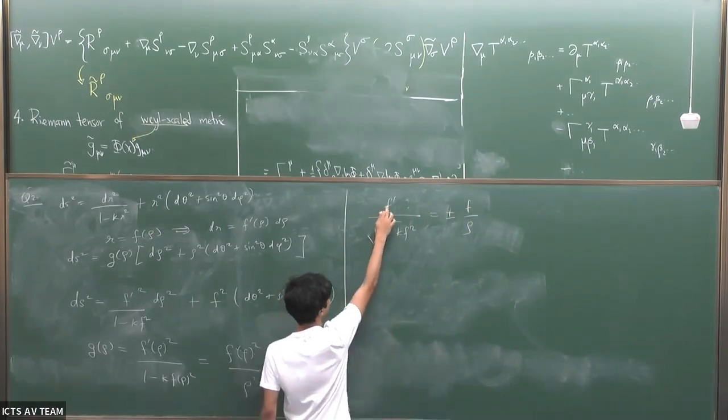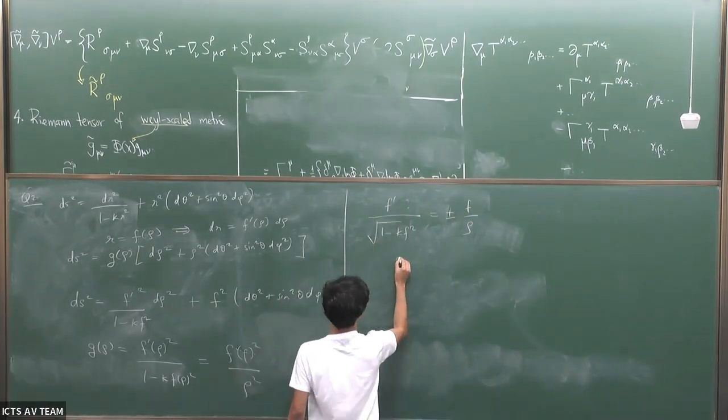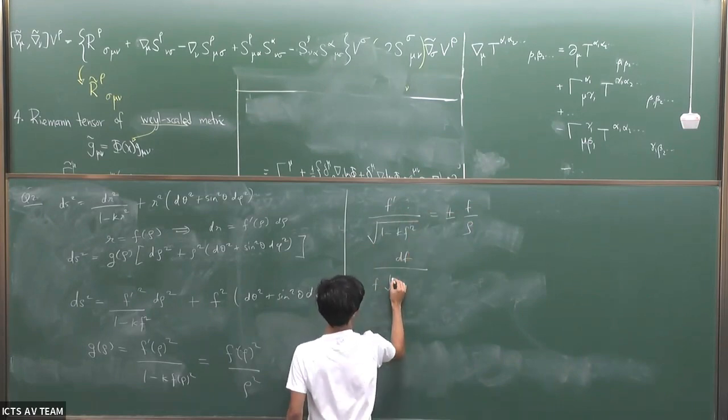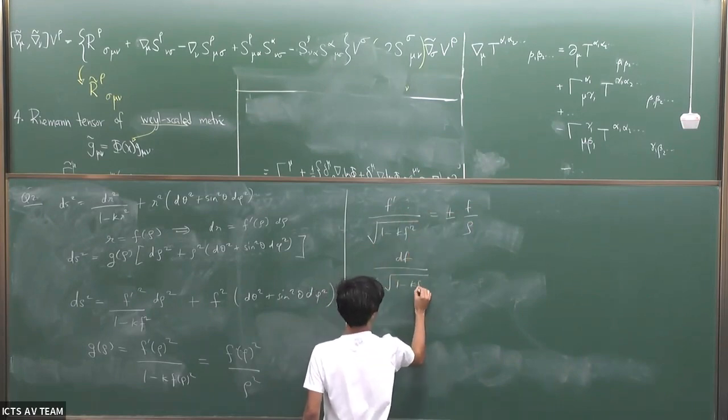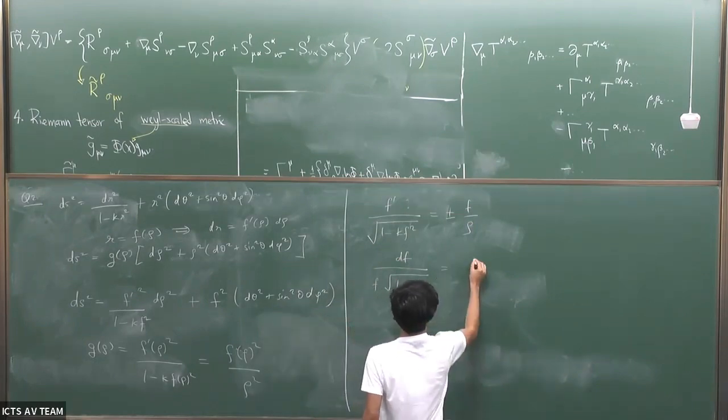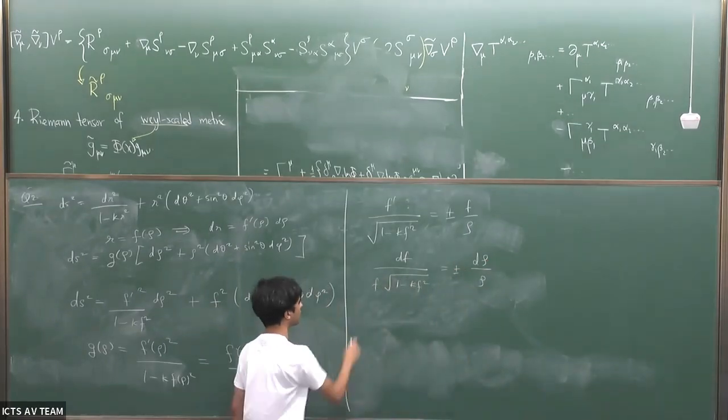This is just df by dρ. So this just becomes df over f times the square root of 1 − k f². You just have to integrate this.